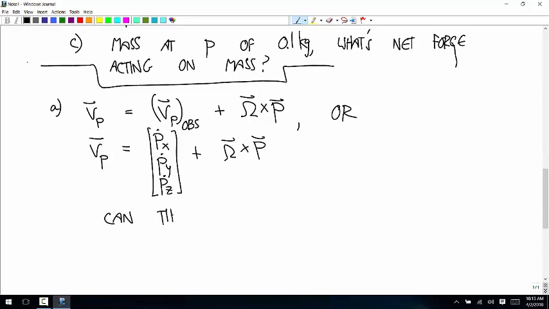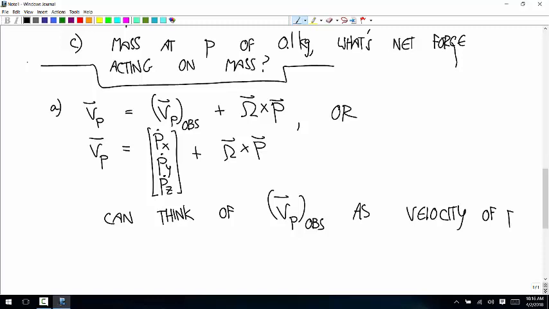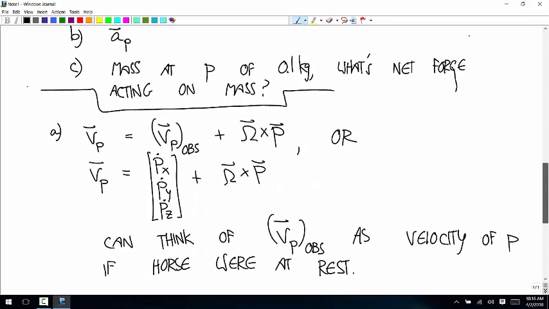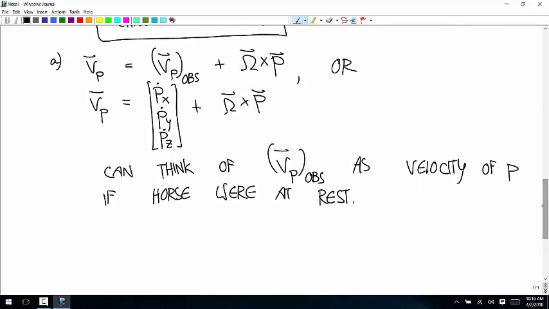You can think of this observed velocity as the velocity of P if the horse were at rest. Okay, so which of these two in our problem is a more useful way to think about it?